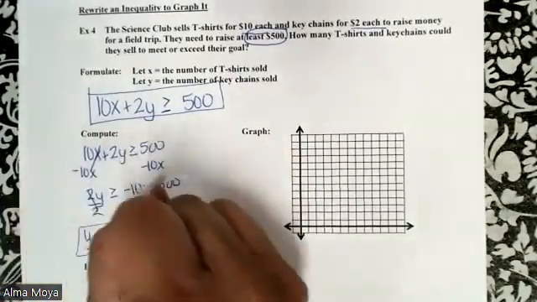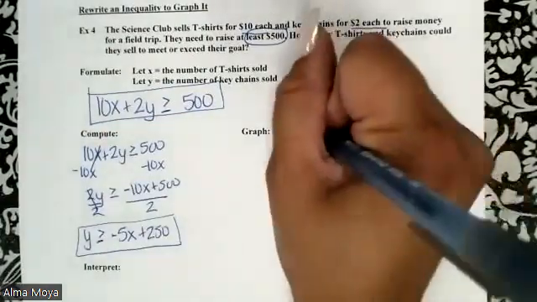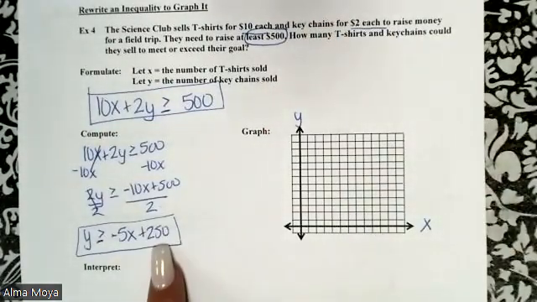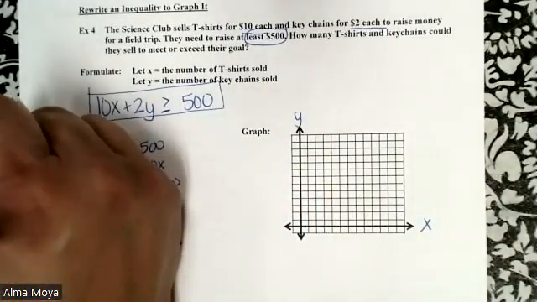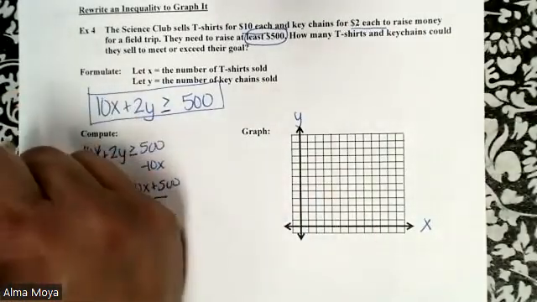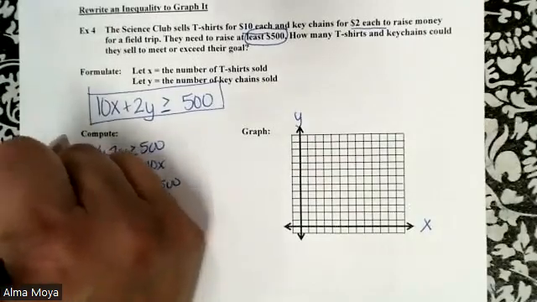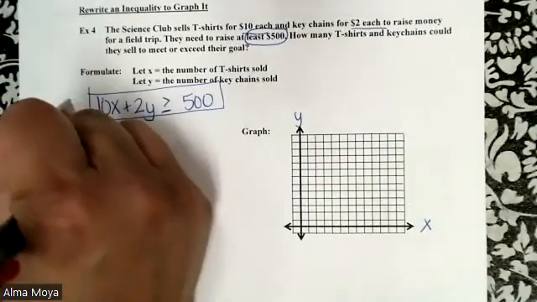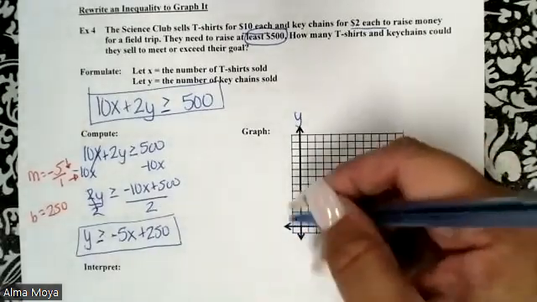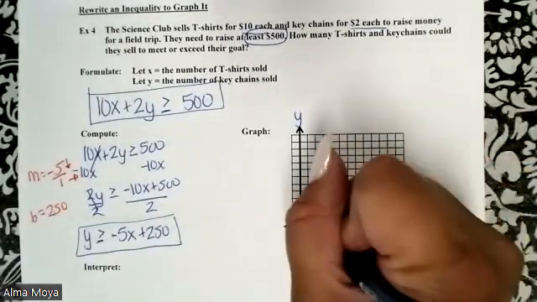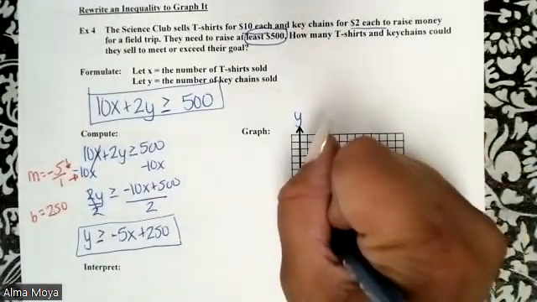Now, when you're graphing this, we are definitely not going to go by ones because your y-intercept has to be 250. Your slope is going to be negative 5. So the m is negative 5 and the b is 250. On my scale, every 2 markings is going to be 50s.